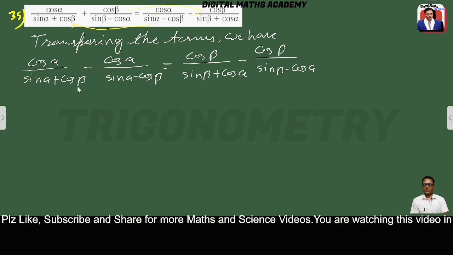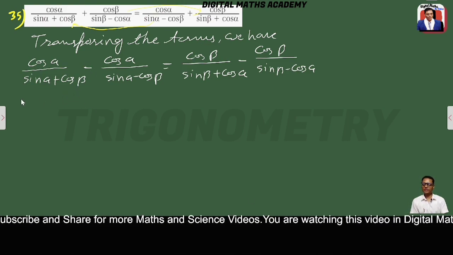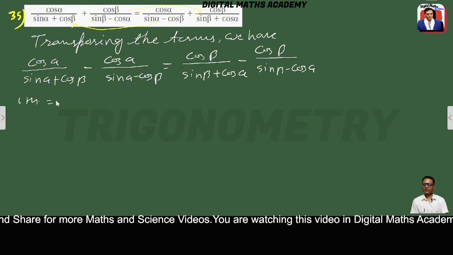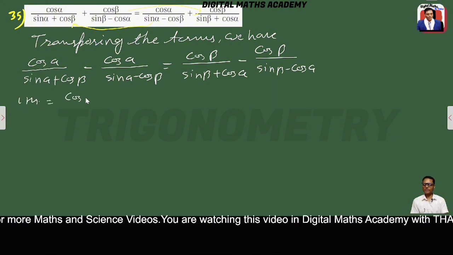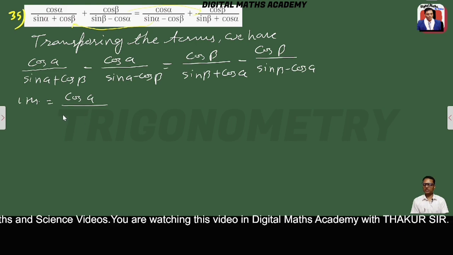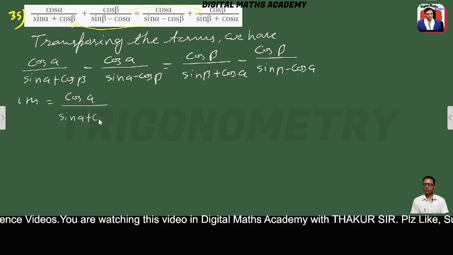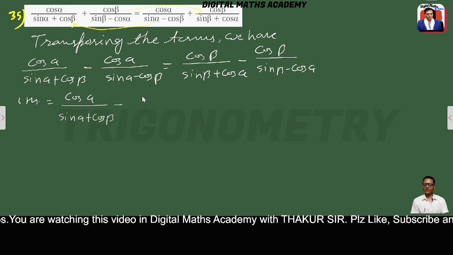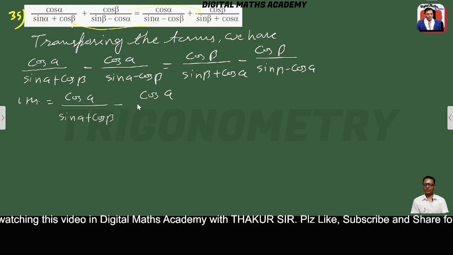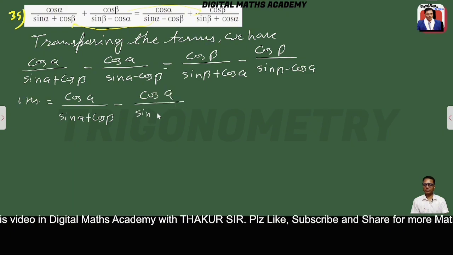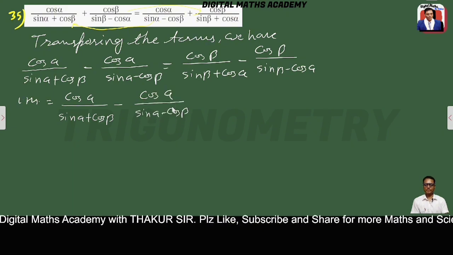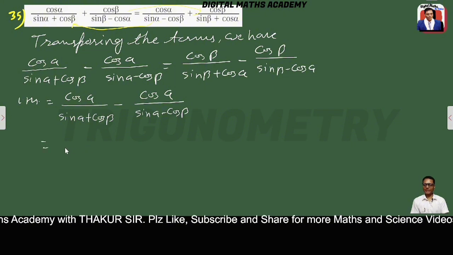Now we are going to choose the left hand side, right? So left hand side equals cos alpha over sin alpha plus cos beta minus cos alpha over sin alpha minus cos beta. Okay? So we are going to take the LCM here.